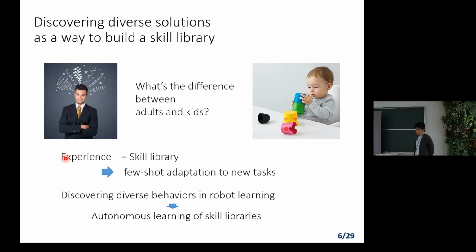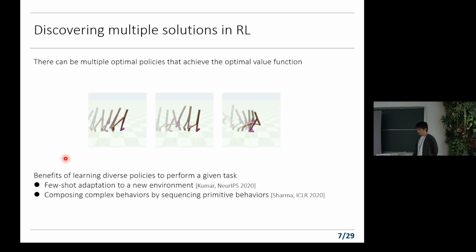So if we could discover diverse behaviors, then we can have such skills as a repertoire, and then we can use them to adapt to a new environment or tasks. To address this, I worked on discovering multiple solutions in reinforcement learning before. In the field of reinforcement learning, it is known that there are multiple solutions, multiple optimal policies.